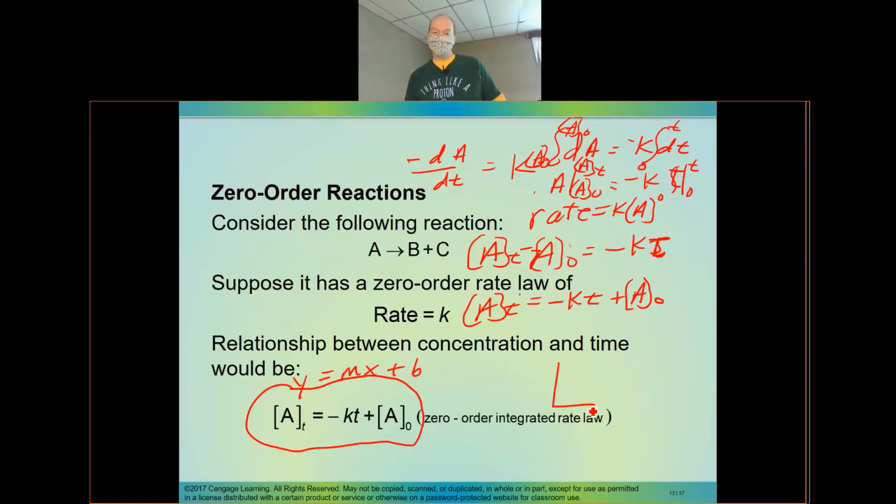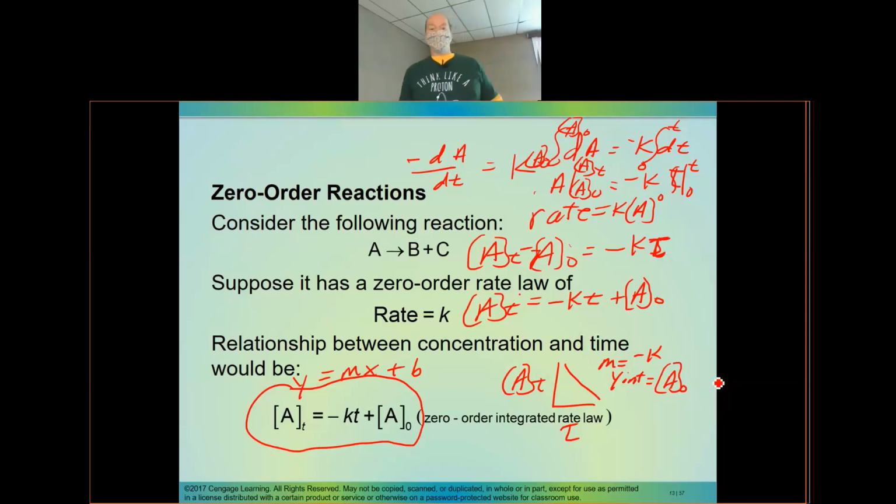If you're graphing this one, you're graphing the concentration of A at time t versus t, and you're going to get a negative slope. Your slope is equal to negative k, and your y-intercept is equal to your concentration of A initial.